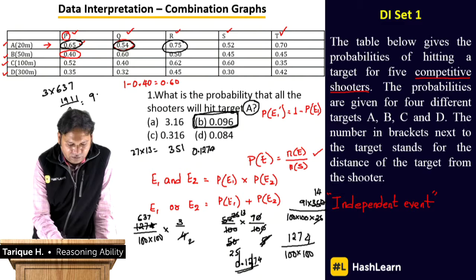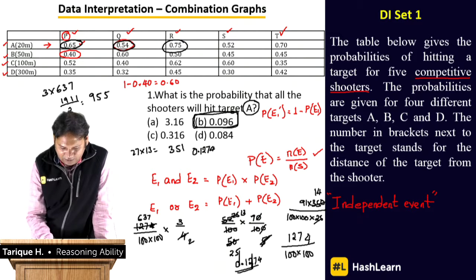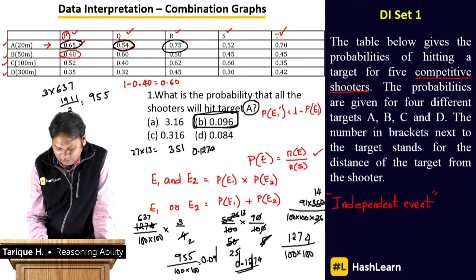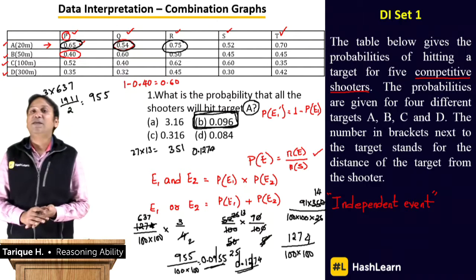We get 11. 2 into 5, 10, and again so 955, and if you divide 955 by 10,000, the answer is 0.0955, which is the answer 0.096. So anyhow, the correct answer is 0.096.